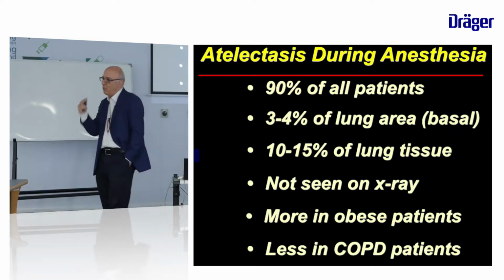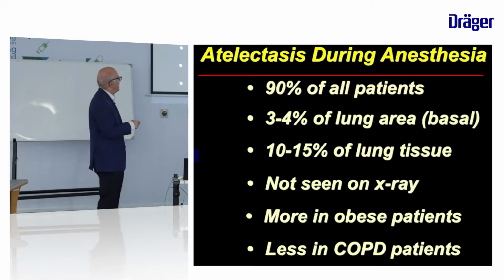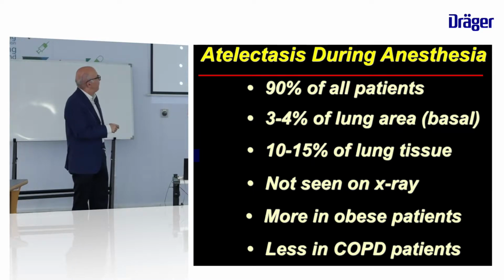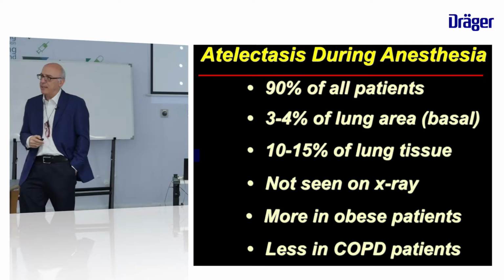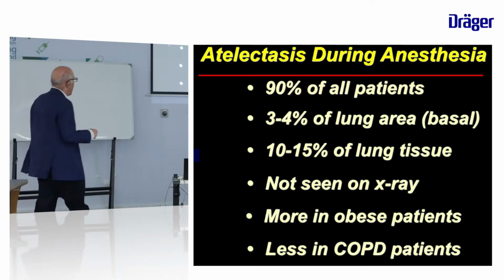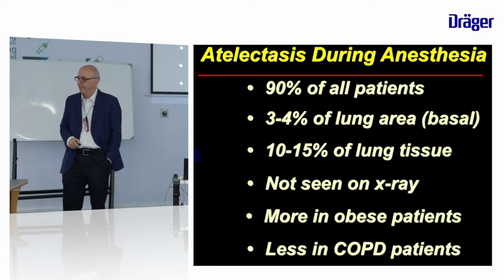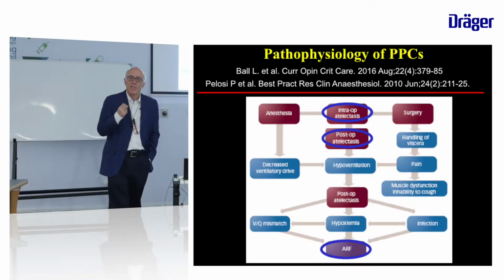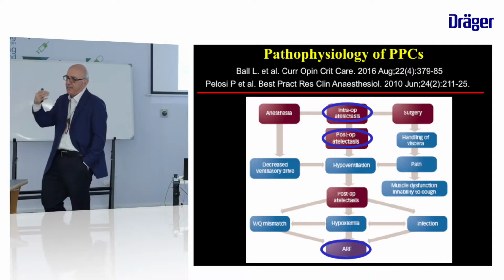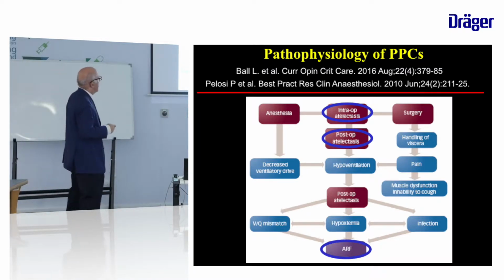So to summarize about atelectasis in anesthesia, most patients develop atelectasis, but very few have a higher percentage of atelectasis on the lung tissue. They are not seen at the chest X-ray, are more in obese patients and less in COPD patients. Which is the clinical relevance? We will discuss in a lecture, I don't know if today or tomorrow, about the role of protective ventilation and outcome.